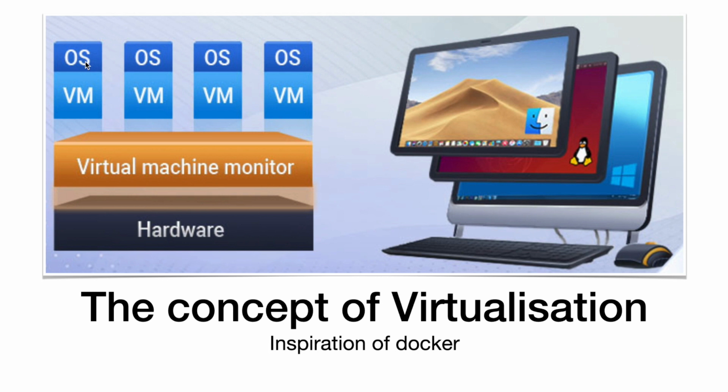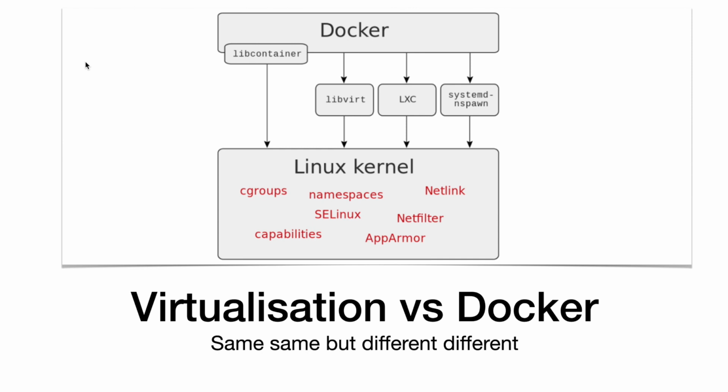Let me go to the next slide. The main components in Docker are cgroups and namespaces. With cgroups, the Linux operating system can easily manage and monitor resource allocation for a given process, and set resource limits like CPU, memory or network limits. Namespaces are helpful in isolating the process groups from each other.